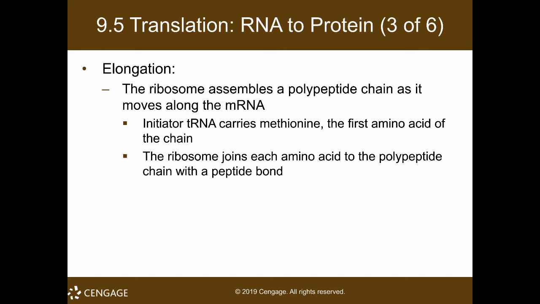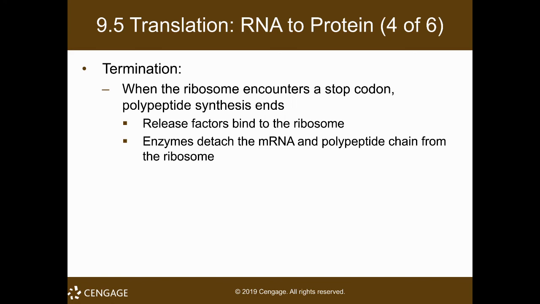The methionine will bond to the next amino acid to form your peptide bond. And then the tRNA will exit. The tRNA will let go of the methionine, it will exit your ribosome, and then the ribosome will move ahead, ready for the next codon.